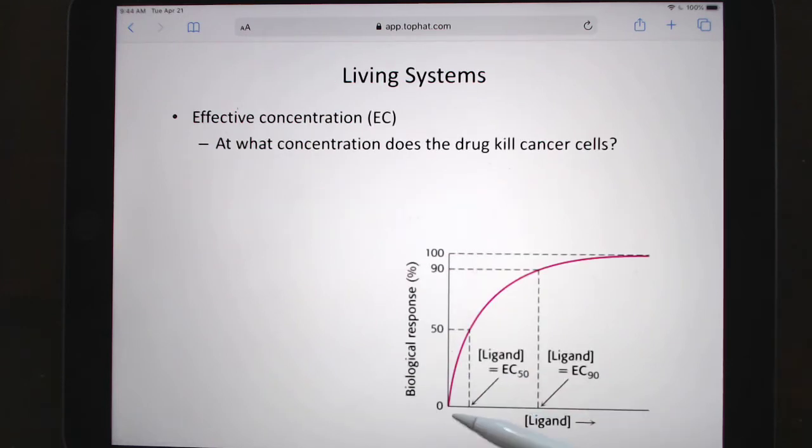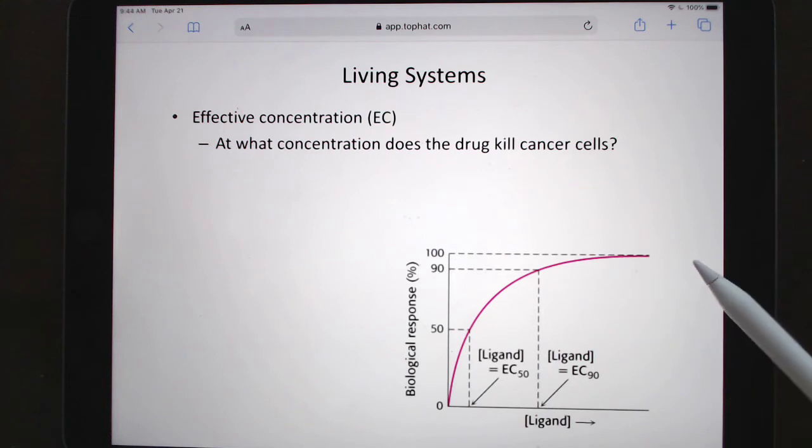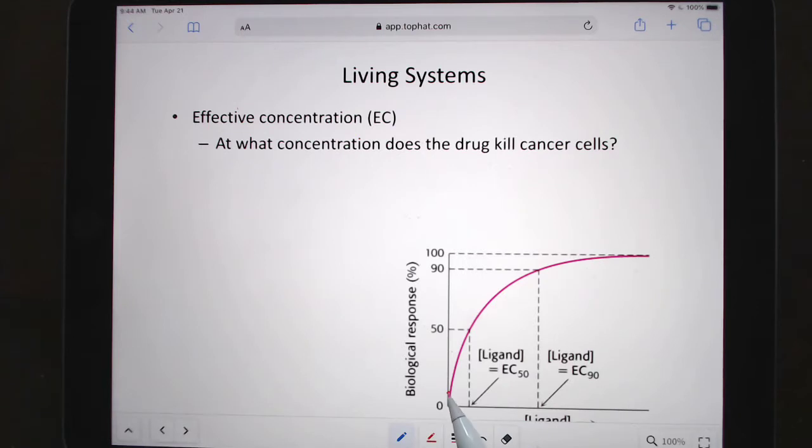If you have a biological response, such as how many tumor cells die, hopefully you get this dose response. As you increase the dosage, at this low concentration only 10% of the cells die, but at this one 50% die, at this one it's 90%, and so on.